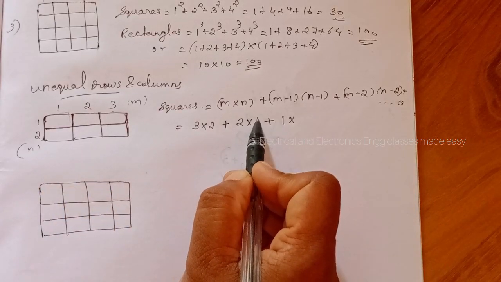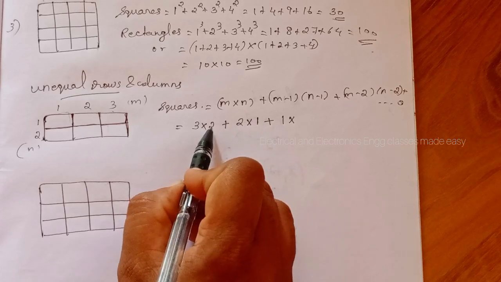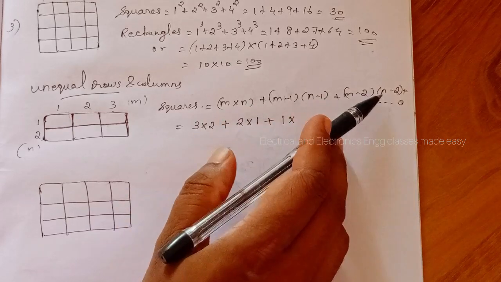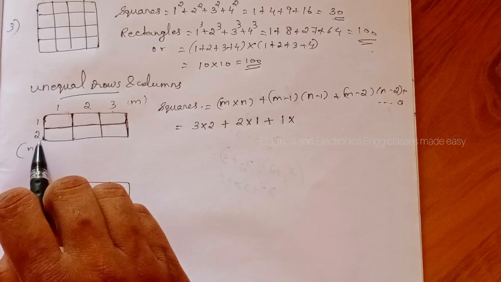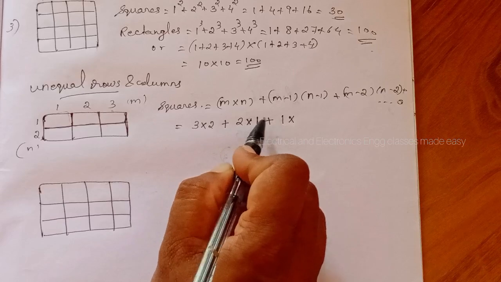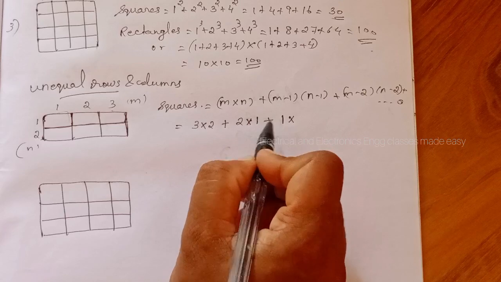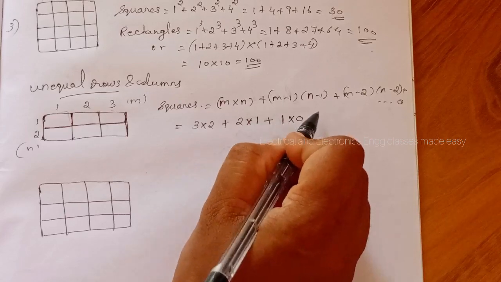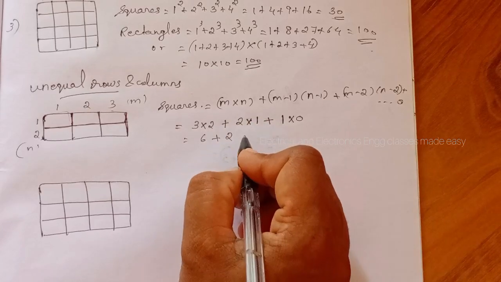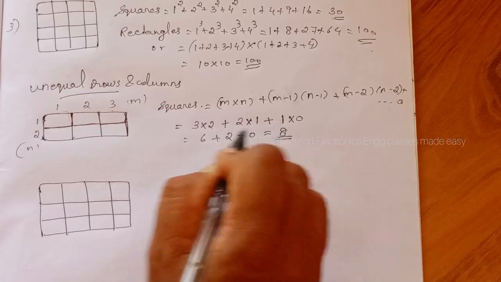Each time we decrease 1 from the preceding numbers of rows and columns. So here 2 minus 1 is 1, then 1 minus 1 is 0. Here we will get 6 plus 2 plus 0. So we go up to 0. So here the answer is 8.